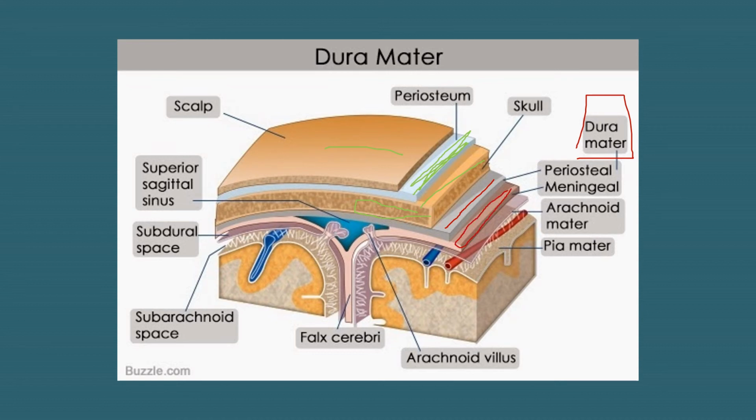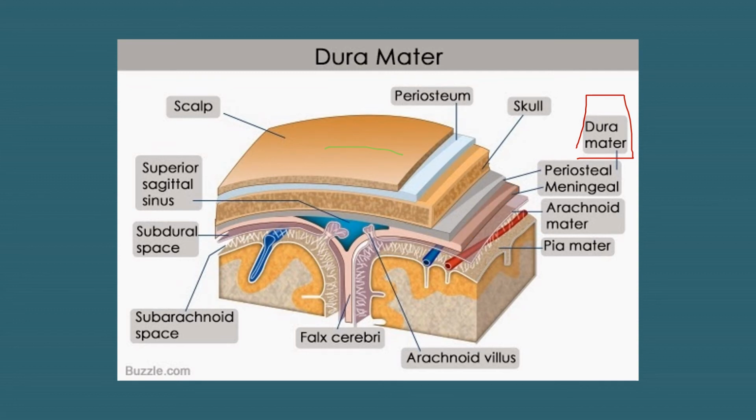So this is basically the outer covering of the meninges, and then we have the meningeal layer here. So this is the periosteal Dura Mater, and then the meningeal Dura Mater. I was probably confusing earlier with the way that I was calling it. Sorry. So know it as the periosteal Dura Mater and then the meningeal Dura Mater.